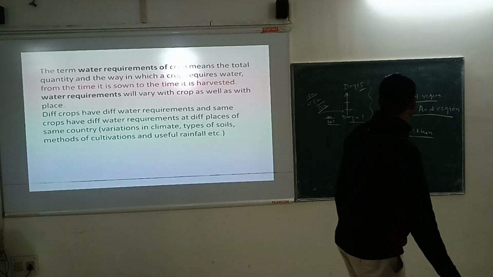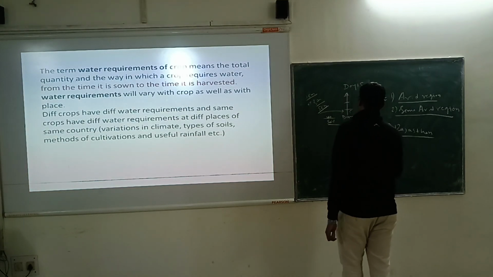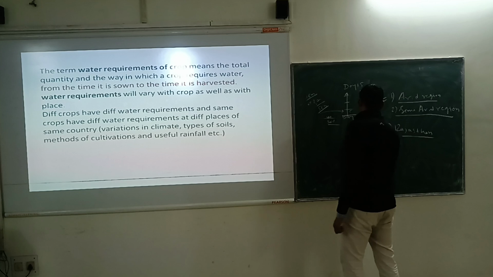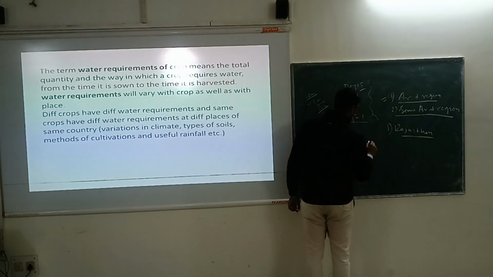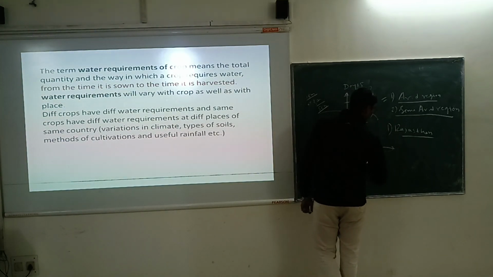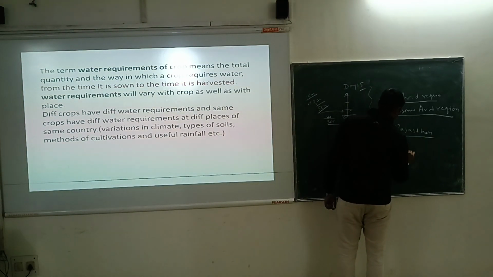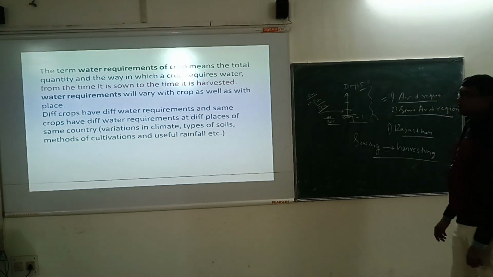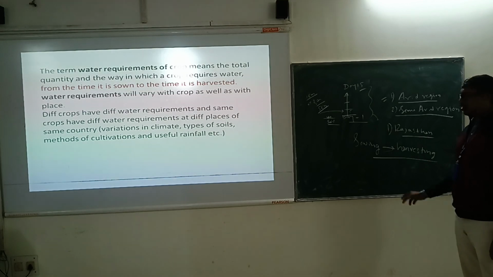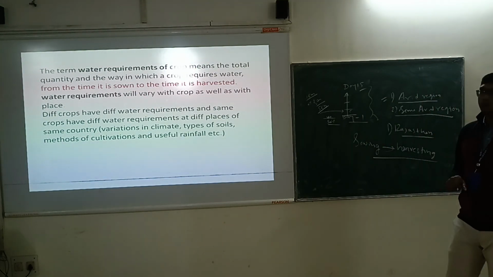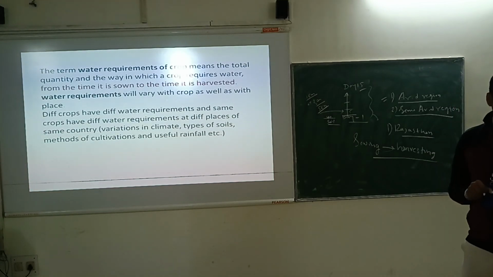So these things I have already discussed earlier. The total requirement of water from the very beginning, that is sowing, to harvesting, the total requirement of water for this particular period is the water requirement of that particular crop.